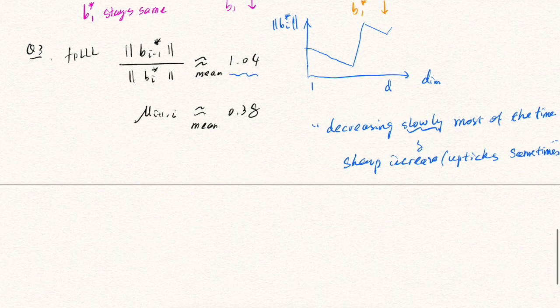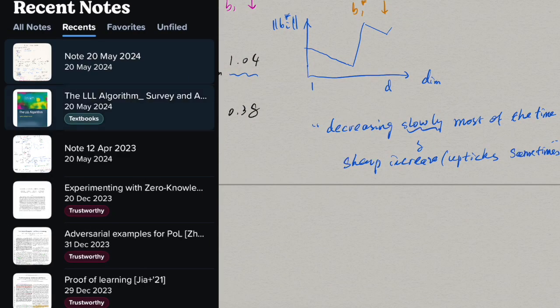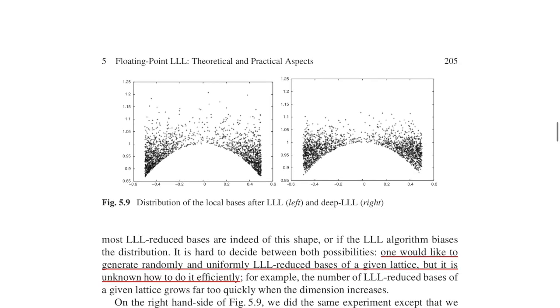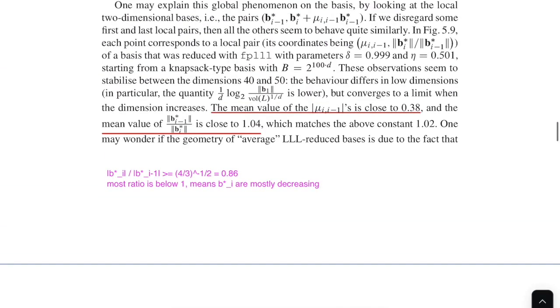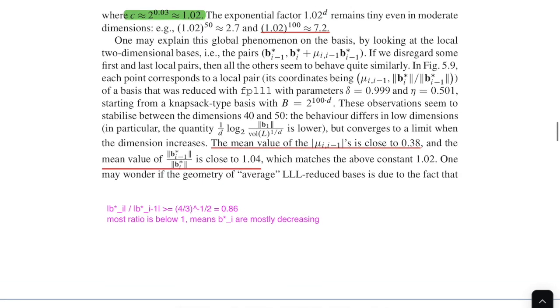In fact, if we look at their result, this is what it looks like. Each point, the x-axis here is the value i plus 1 over i. The y-axis is b i minus 1 divided by b i. Actually, let me double check.